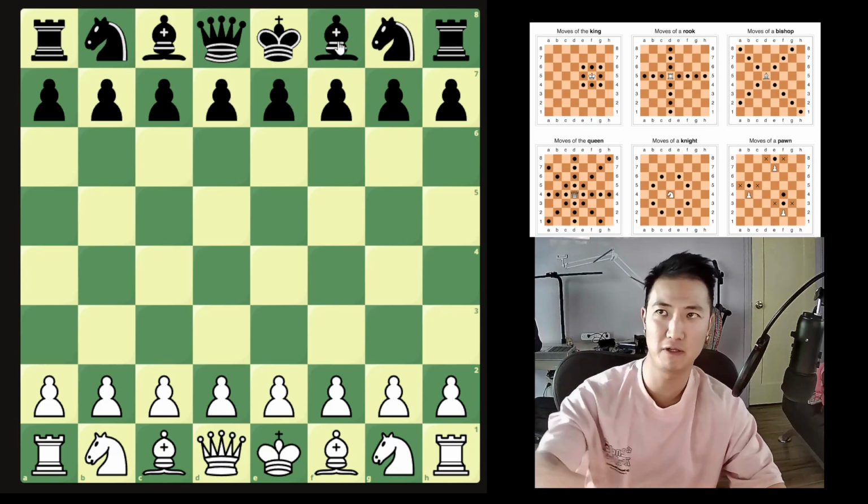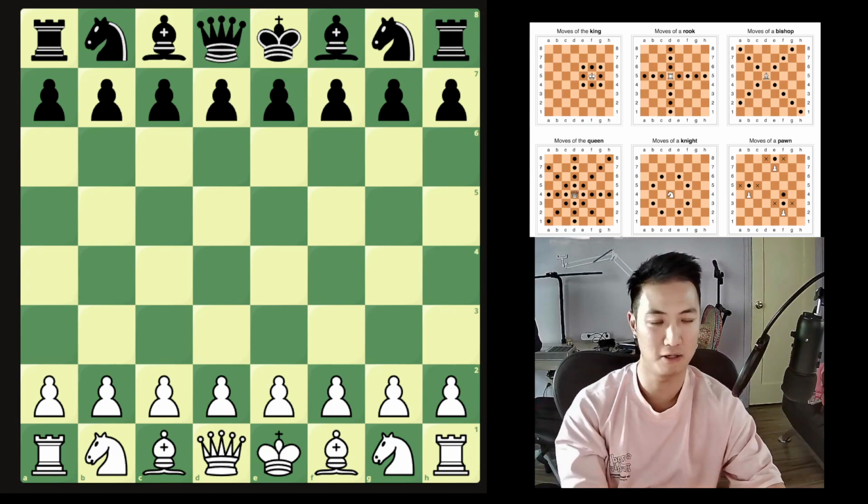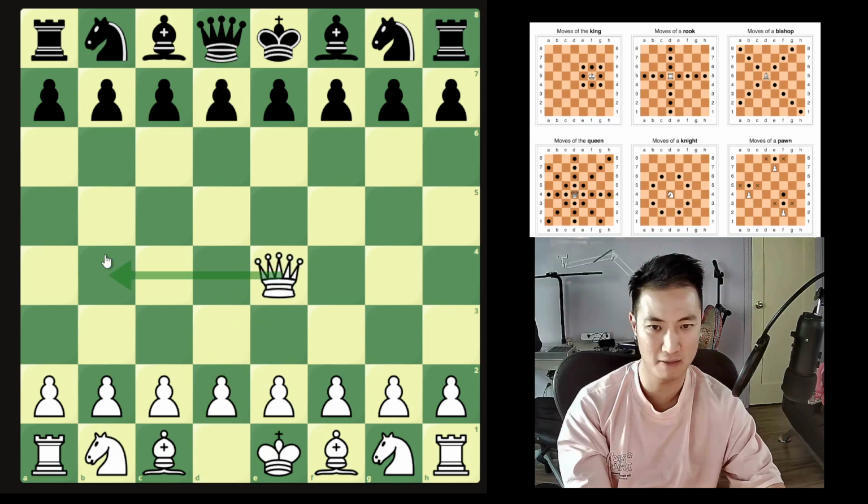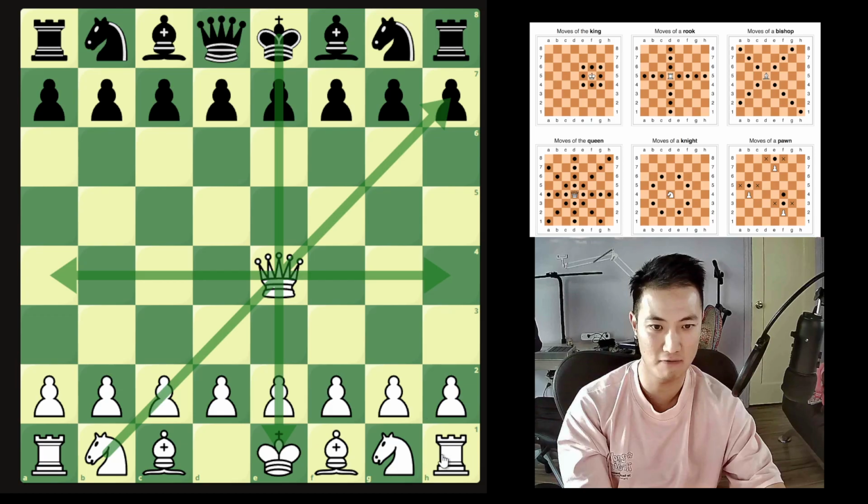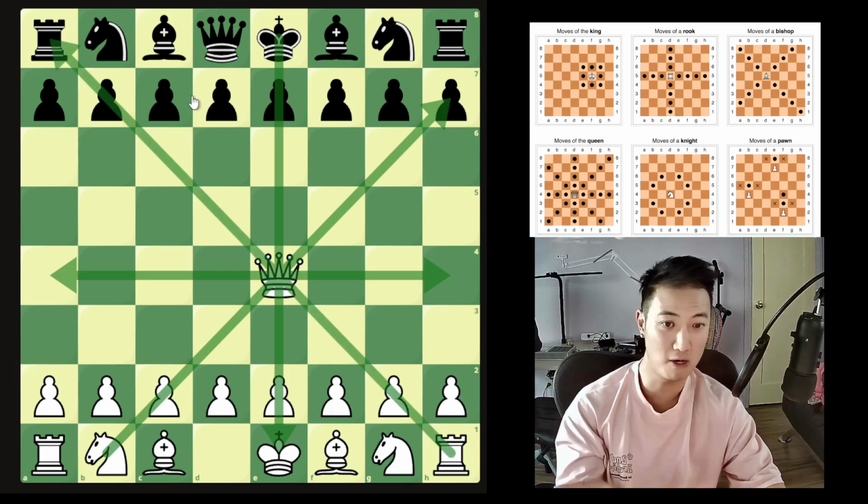Here's an overview, something that I pulled online, of how the pieces move. The queen moves in a star shape. It can move horizontally, diagonally, vertically, everything, so it's the most powerful piece.